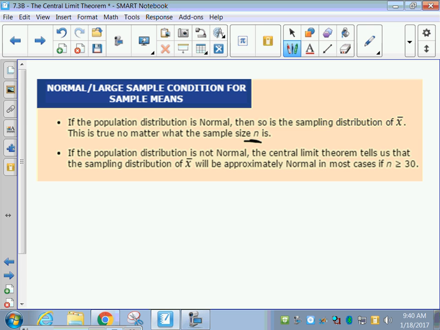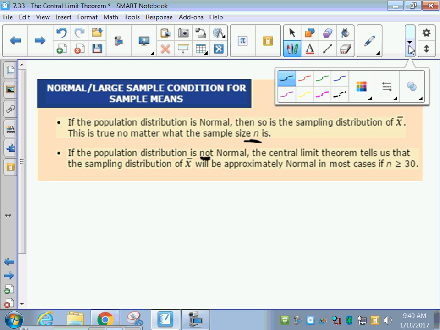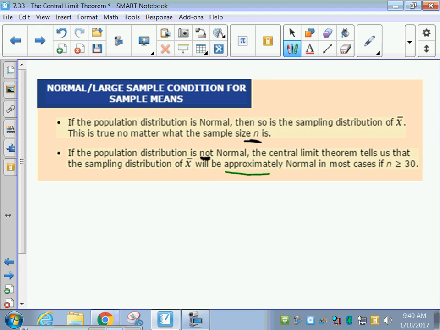If the population distribution is not normal, the central limit theorem tells us that the sampling distribution of x bar will be, and this is important, approximately normal in most cases if n is greater than or equal to 30. You need to write that down. That's the magic number right there, 30. As long as you're taking samples of size 30, it doesn't matter what the population distribution is, you can say it's approximately normal, according to the central limit theorem.